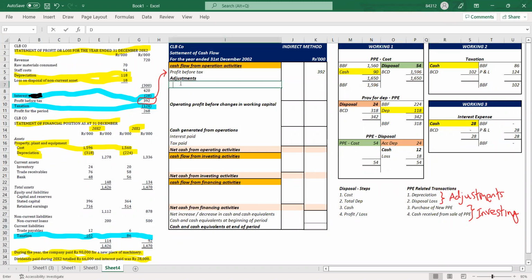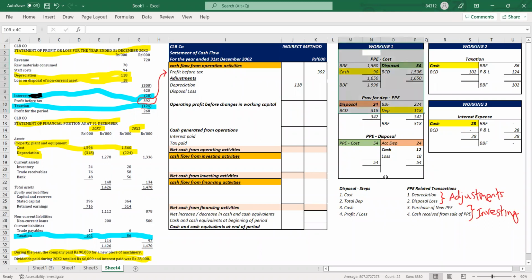So in adjustment, let's record depreciation and disposal loss. So we have the amounts. Depreciation amount is given, 180. Sometimes they won't give, then you need to identify.